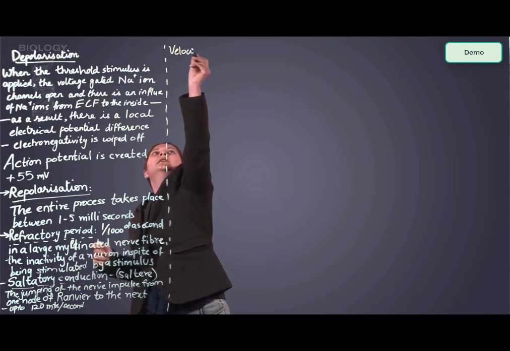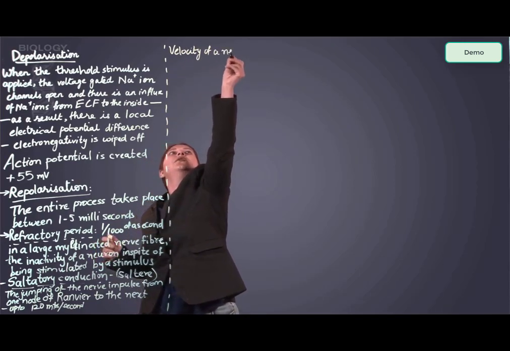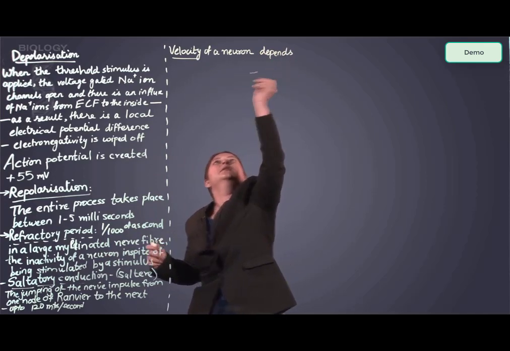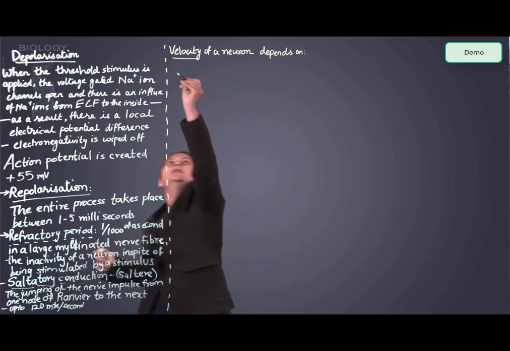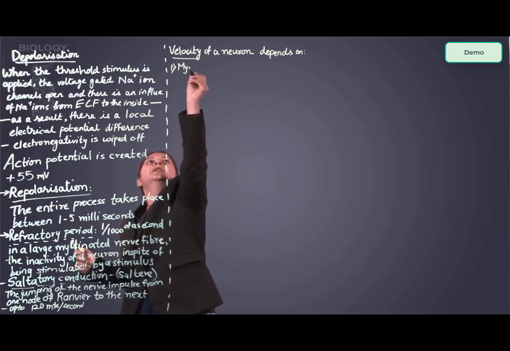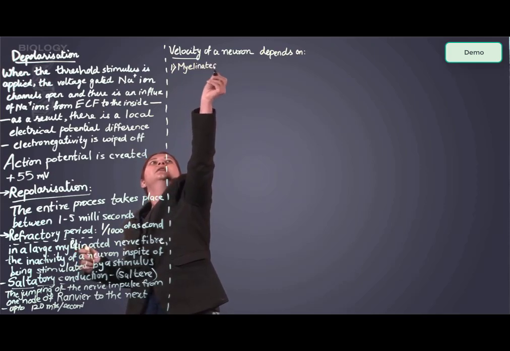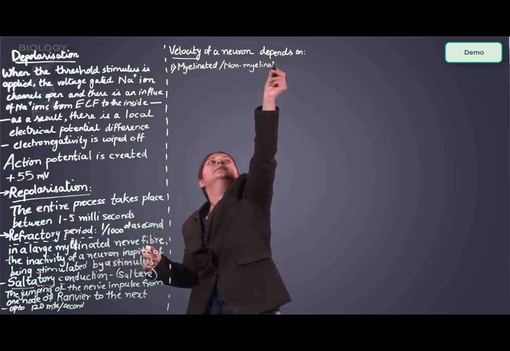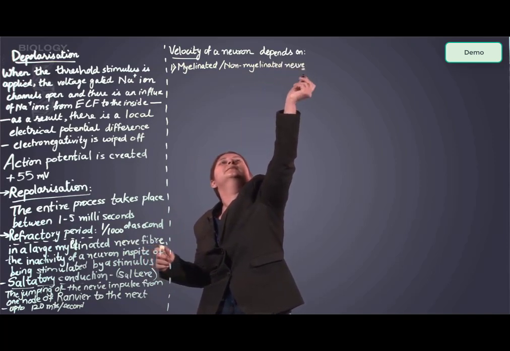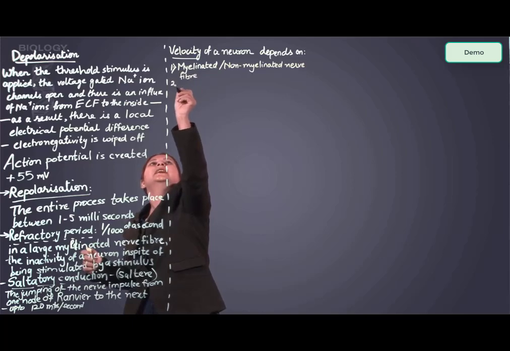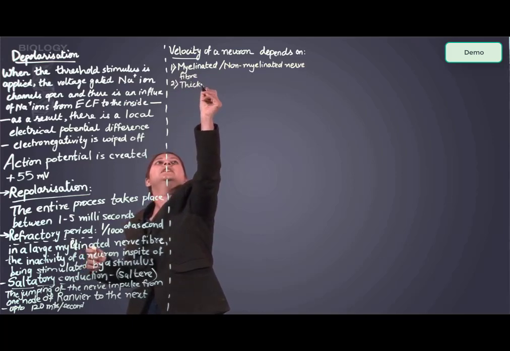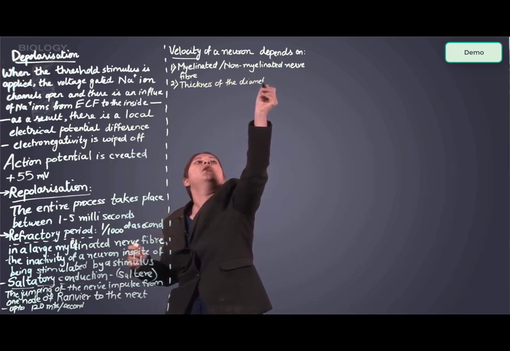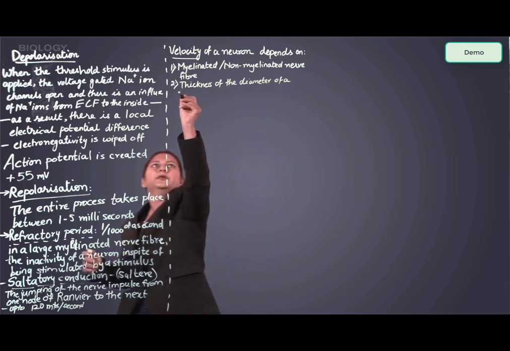Let's write: the velocity of a neuron depends on, one, whether it is a myelinated or non-myelinated nerve fiber, and second is the thickness of the diameter of a nerve fiber.